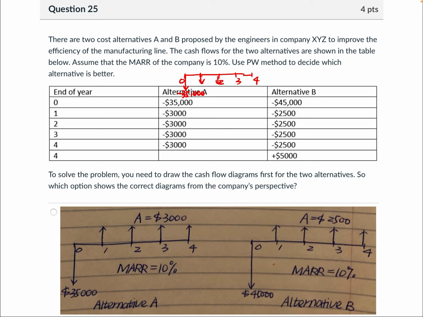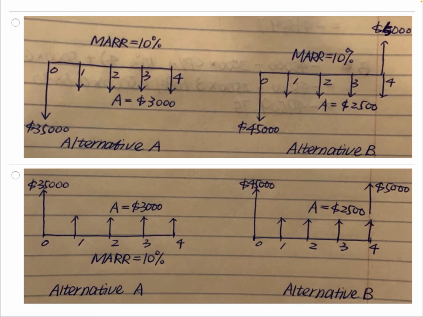And every year, you're going to spend 3,000. So that's annuity of 3,000 going downward, okay? So your correct answer is gonna be this one.